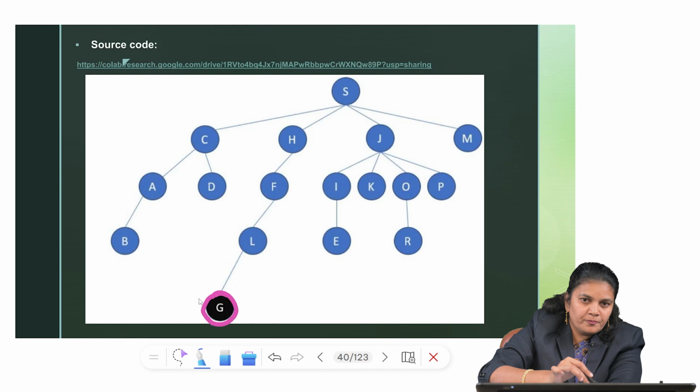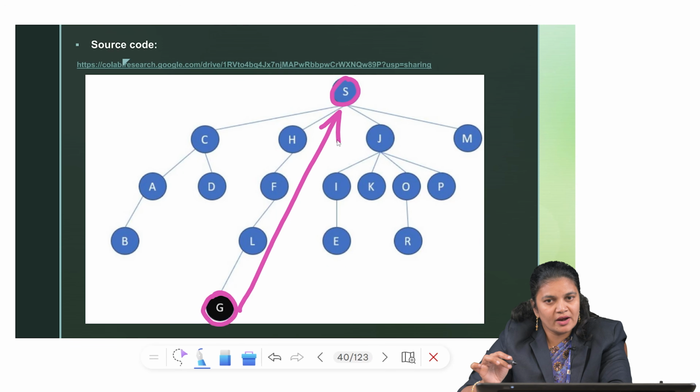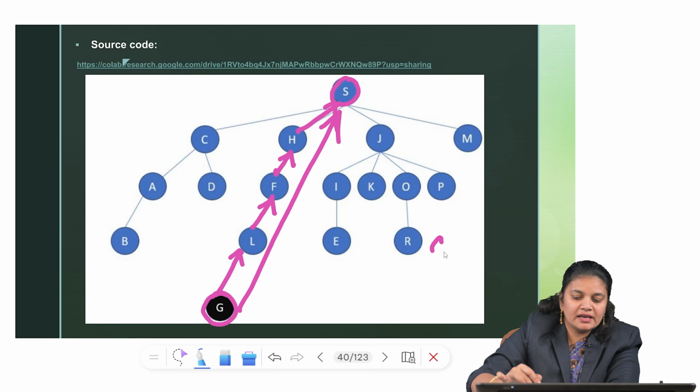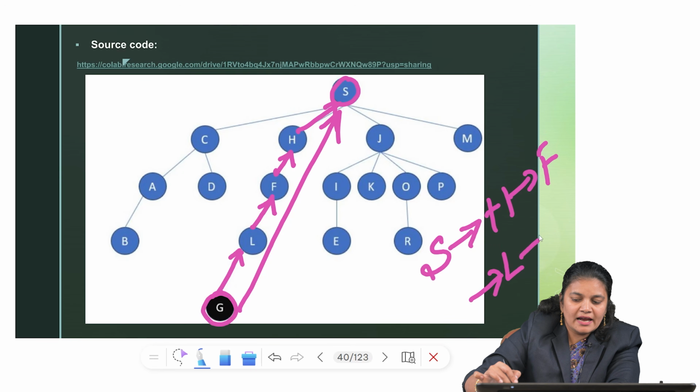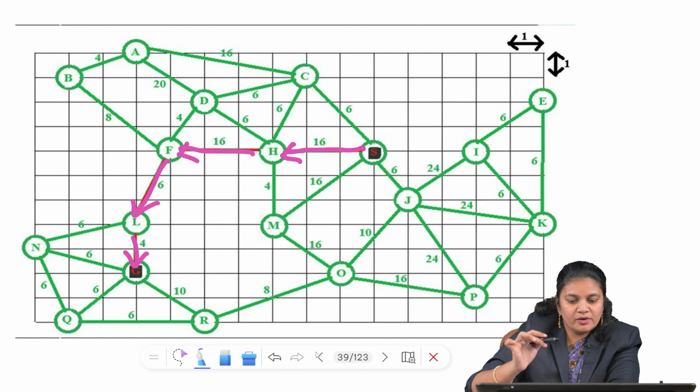Finally we found the goal, and from the goal we have to track back towards the root. To see how we reached from source to goal, we track the path from the goal towards the source. The goal's parent is L, L's parent is F, F's parent is H and H's parent is S. This is how we get the path S, H, F, L and G. And how can we write the path cost?